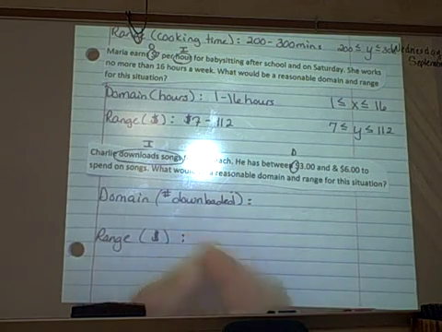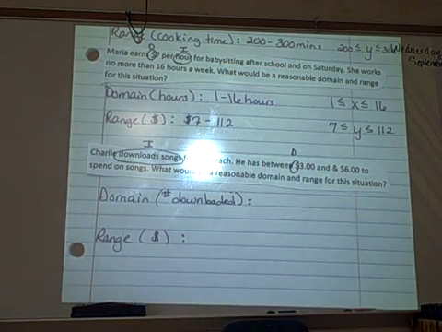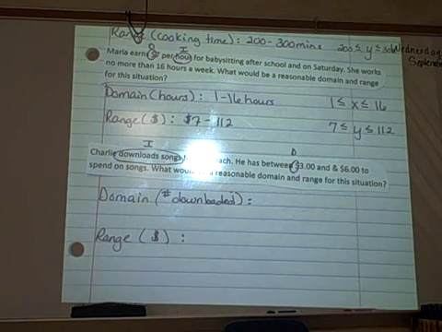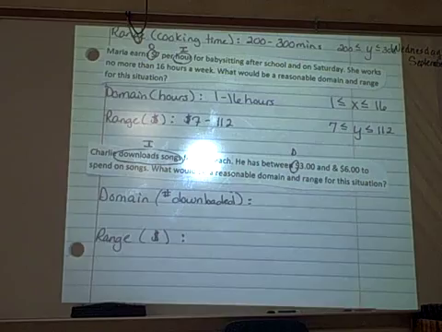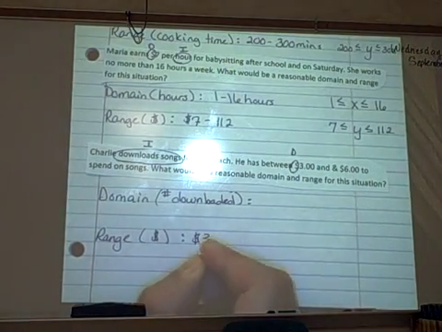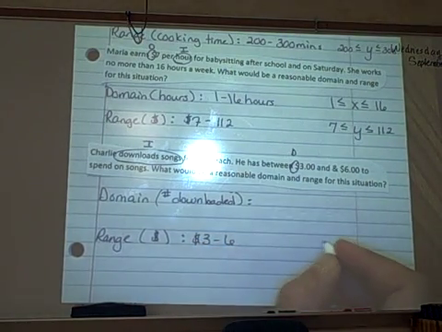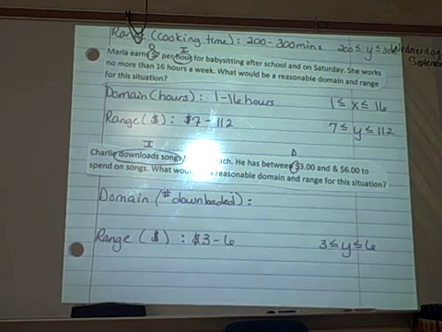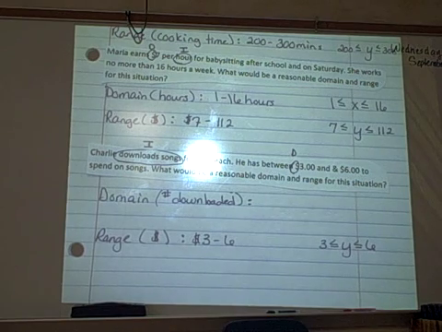This one's a little backwards though. They didn't give me the domain this time, they gave me the range this time. Do you see that? They gave me money instead of how many songs. So what's his range? What's he spending? Between 3 and 6, right? $3 to $6. How would I figure out what a reasonable domain is?